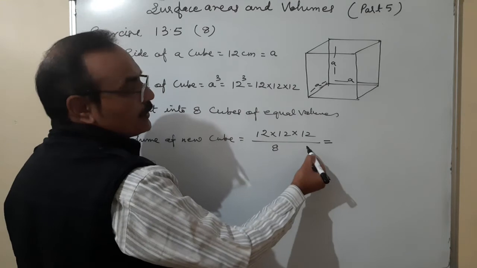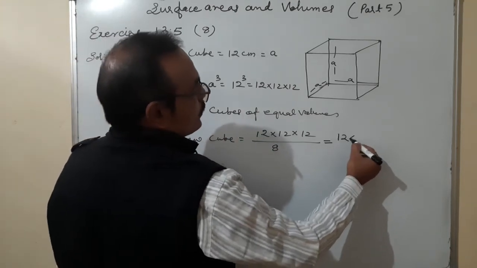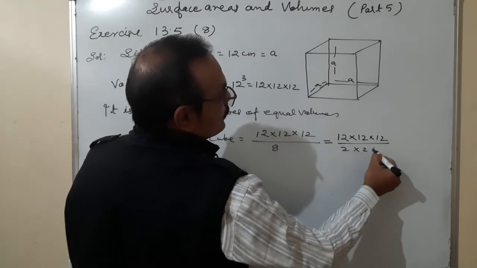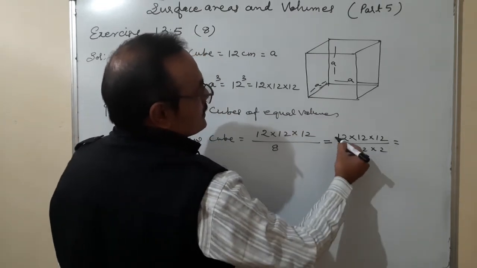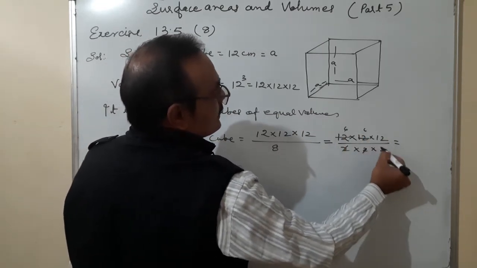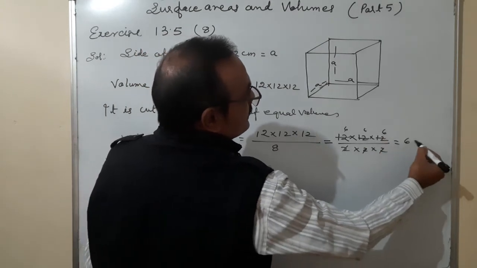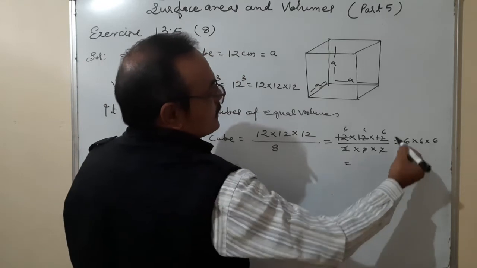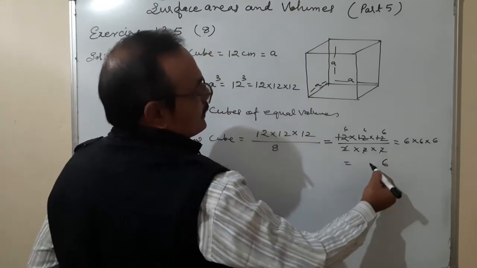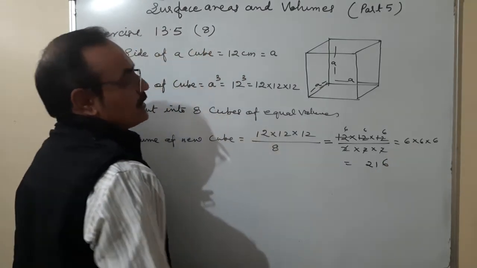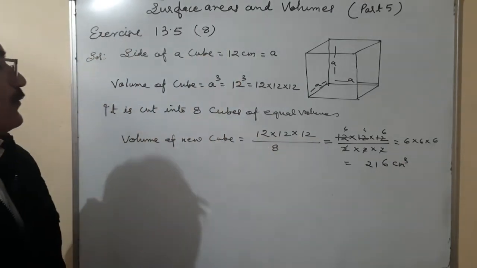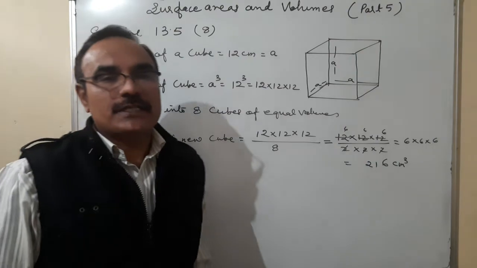It is 2 into 2 into 2. 12 into 12 into 12 upon 8 can be written as 2 into 2 into 2. So cancel, 6 and 6, 6 into 6 into 6. 6 6s are 36, 36 6s are 216 centimeter cube. It is the volume of the new cube, 216 centimeter cube.